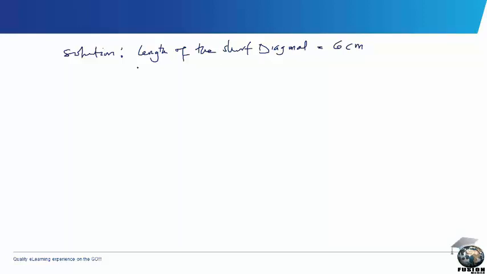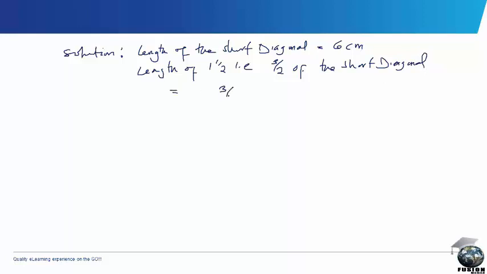And the length of 1.5 of the short diagonal, that is 3/2 of the short diagonal, will be equal to 3/2 times the length of the short diagonal, which gives 3 times 3, 9 cm.